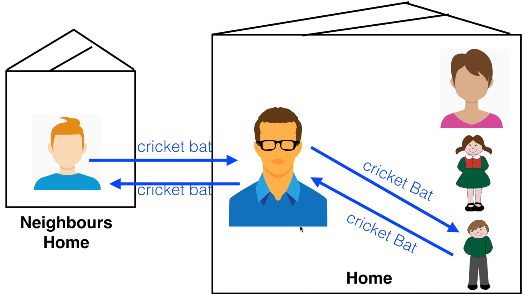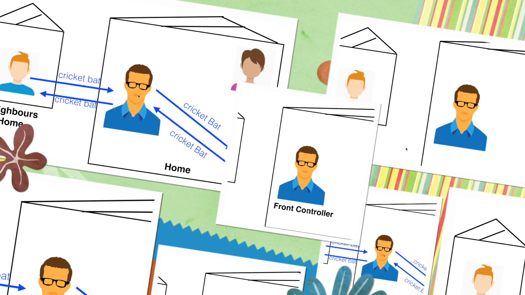In this case, he already knows that this guy has a cricket bat and he can help him to get a cricket bat. So he dispatched the cricket bat request to this particular guy. This guy gave a cricket bat back to the dad and he gave it back to the client who is actually asking for a cricket bat. Simple. Now you almost understand the front controller concept.